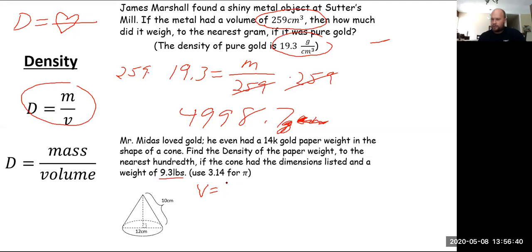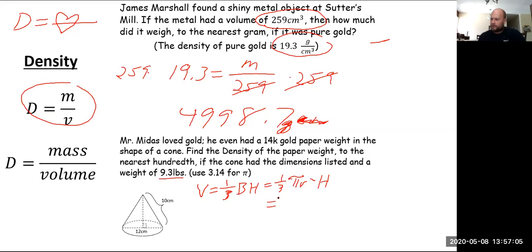For a cone, our formula is 1/3 times the base area times the height. That was our basic formula for a cone. But for a cone, the bottom is always a circle, so we can plug in the formula for the area of a circle, which is pi r squared. That's the formula I'm going to use right now.